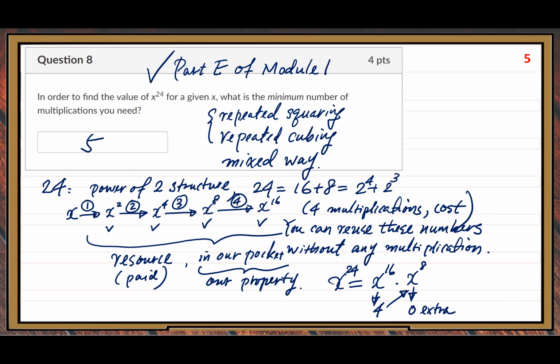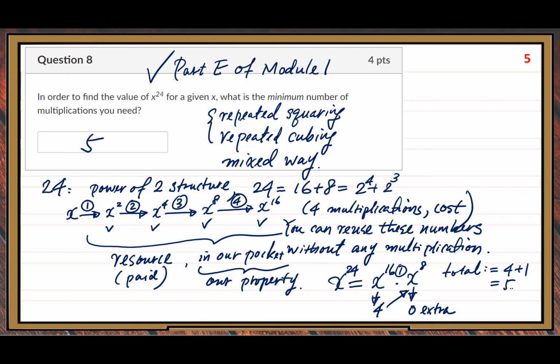Then this dot we need to pay. So the total number of multiplications in this way is 4 plus 1 equals 5.